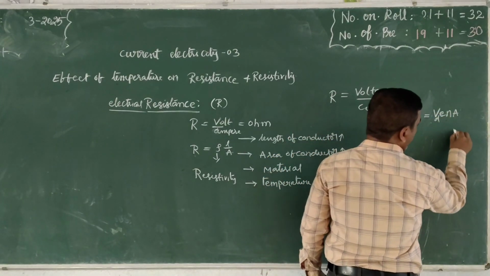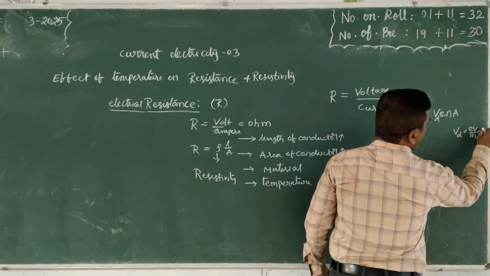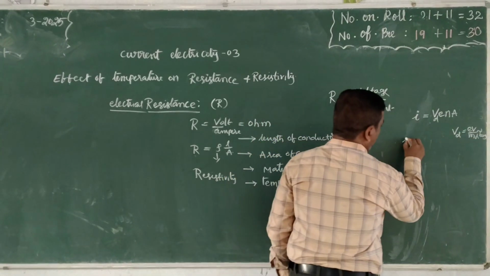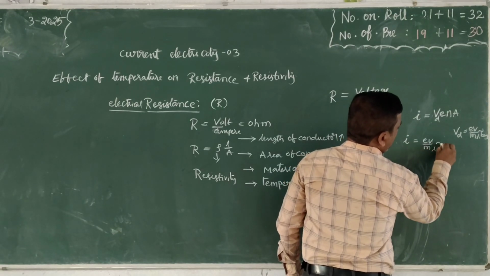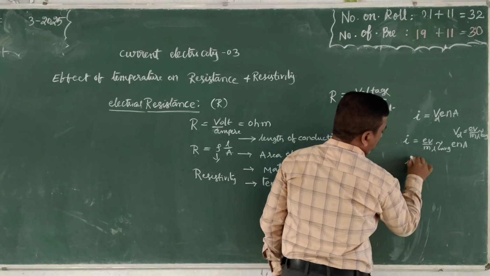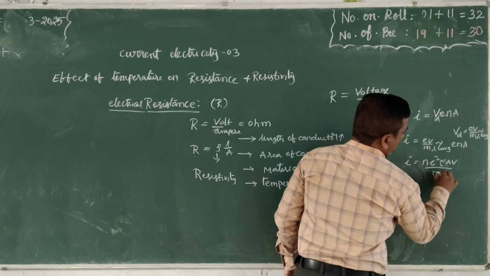See here, instead of v_d we can write eE by m tau average, which is the formula for drift velocity. So we can write I equals e E by m times tau average into e n A. So from that we can write n e square tau average by m.